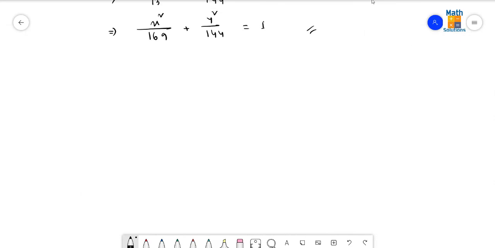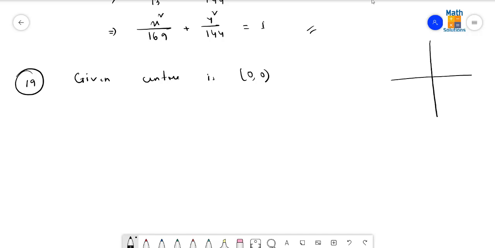So in 19, what is given? In question number 19, given center of the ellipse is 0, 0. That means figure will be like this because the major axis is along the y-axis. So figure will of course be like this.